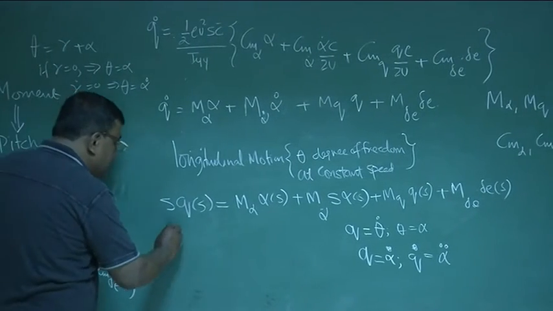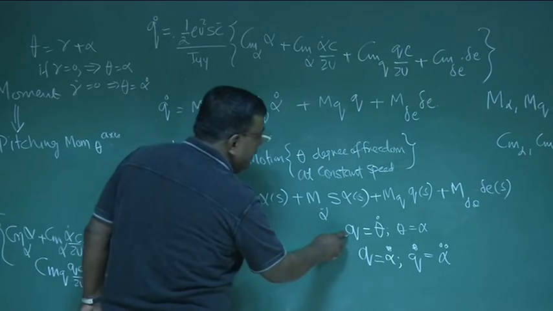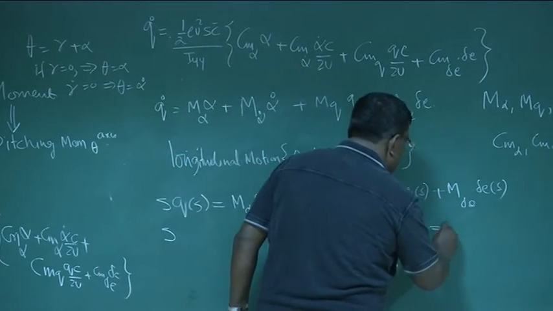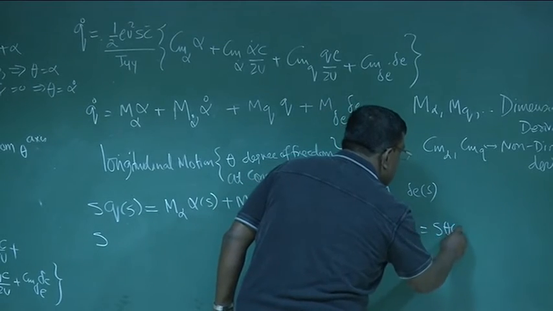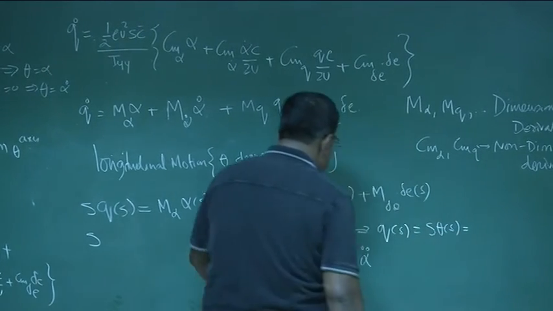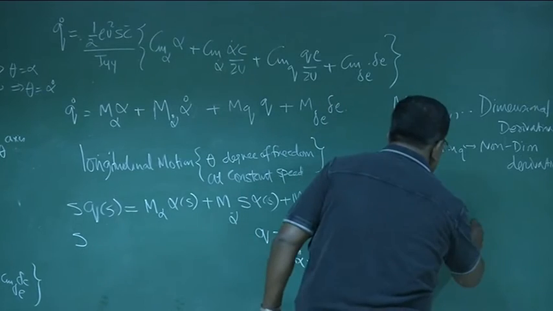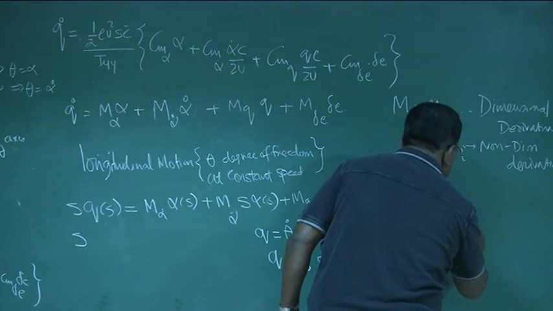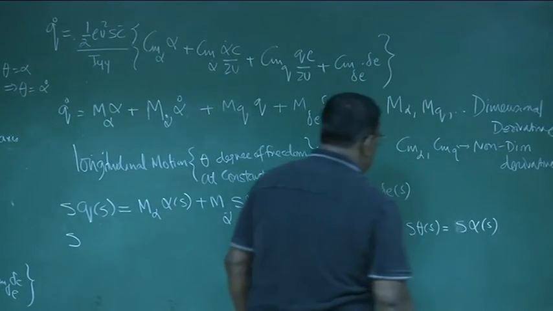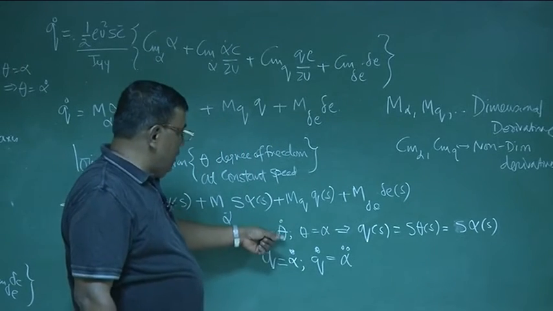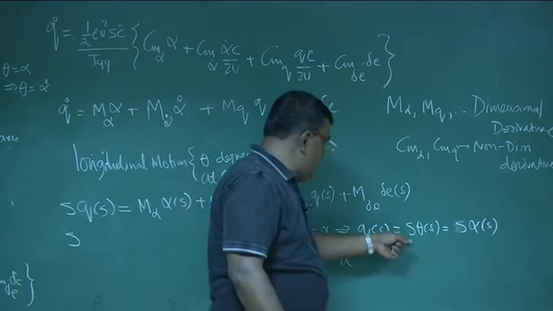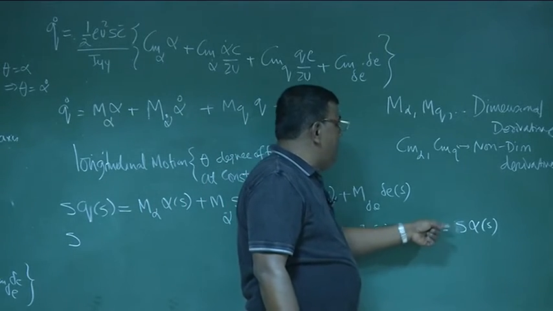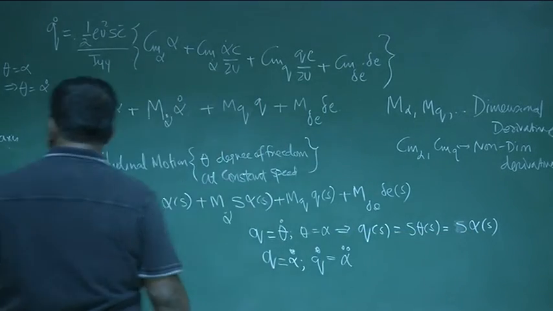So this will be S. For Q of S, I can write Q of S equals S theta of S, and theta of S is alpha of S, so I can write S alpha of S. Is it clear? Q equals theta dot, so Q of S equals S theta S, and theta S I am writing as alpha, so S alpha S. So what happens here?